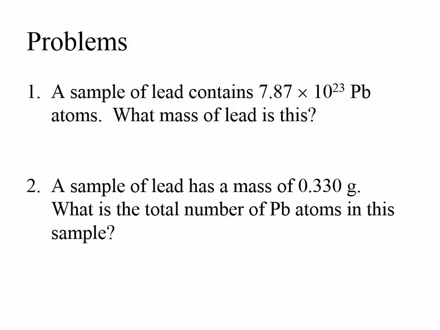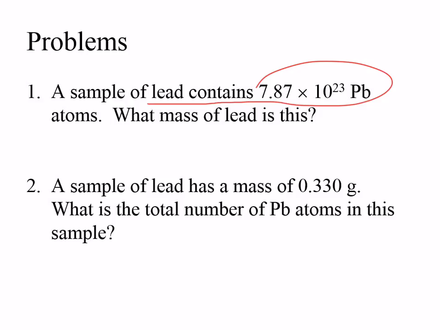So we need to go ahead and knock out these 2 problems at the end of part 3. Now, the difference between these 2 problems and the ones that you guys just did, let's take a look at it, and I'll diagram them underneath it. So these are back to your notes. A sample of lead contains, and we see a number here.